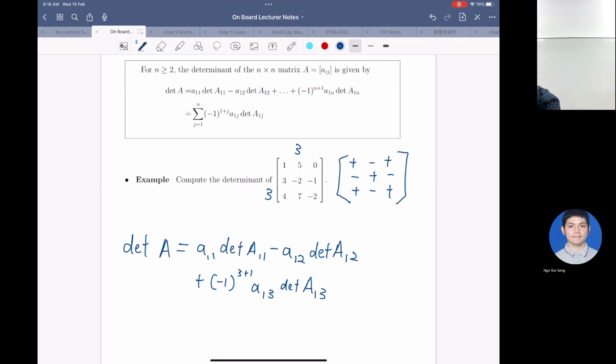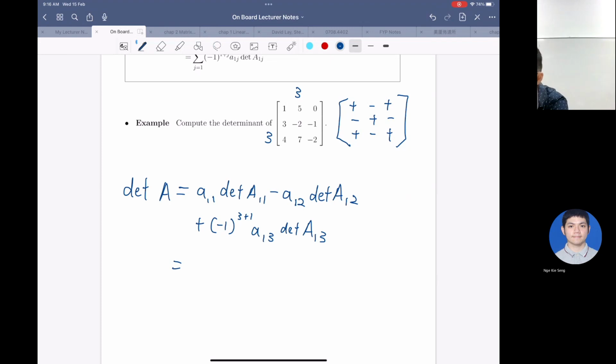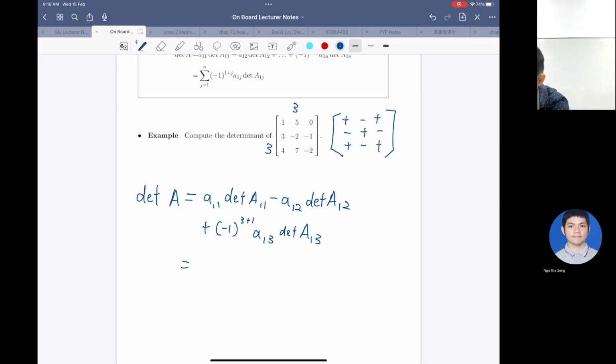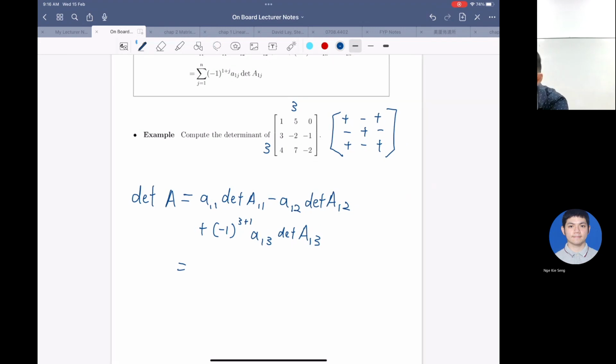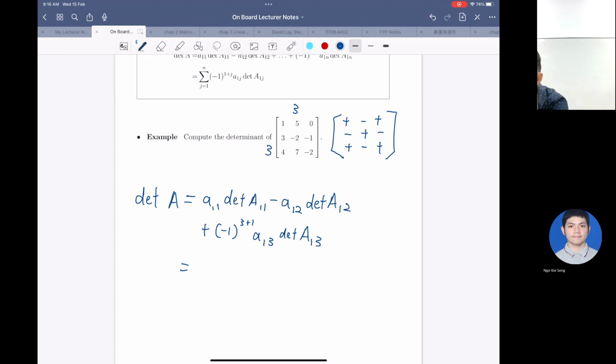So what is A11 in this case? It is 1. What's the determinant of the capital A11 matrix? A11 is minus 2, minus 1, 7, minus 2.